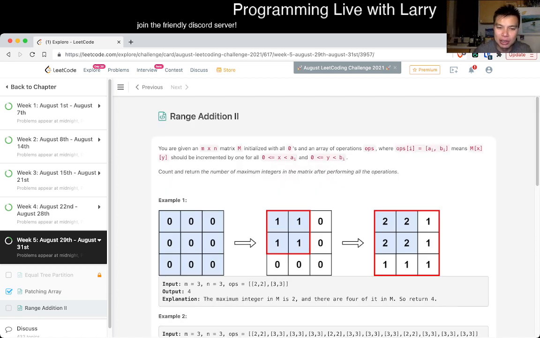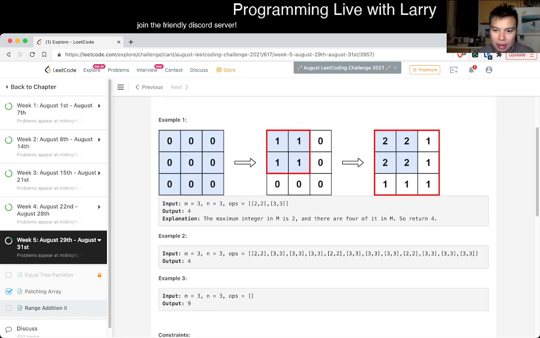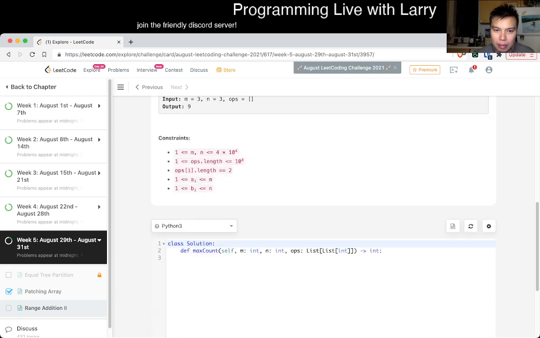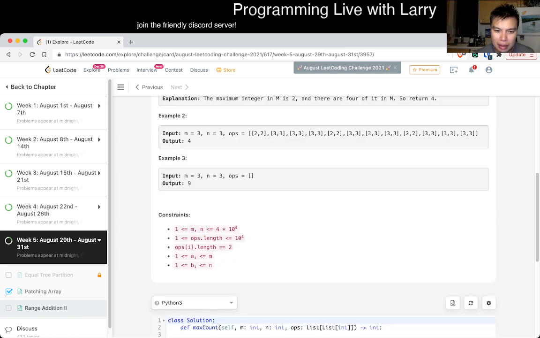Okay, range addition 2. So I usually start these live, so watch it at the speed that is comfortable for you. Okay, so you're given an m by n matrix, and you return the count of the number of maximum integers in the matrix after performing all the operations. Let's see, m and n could be pretty big.